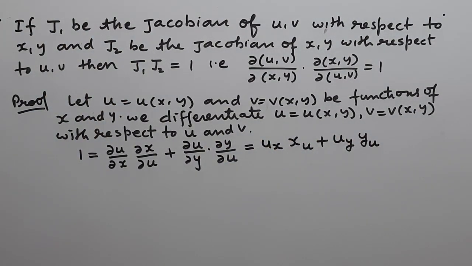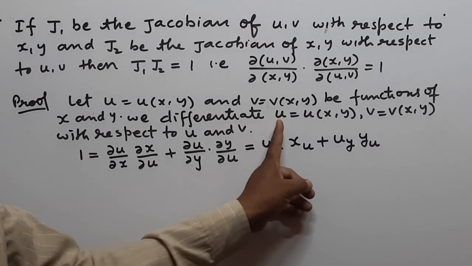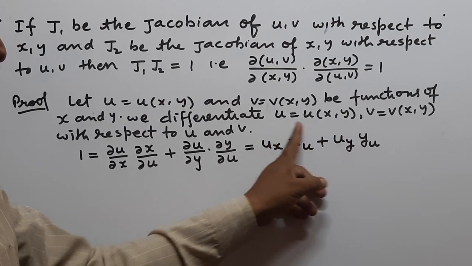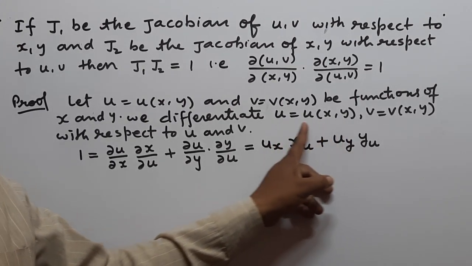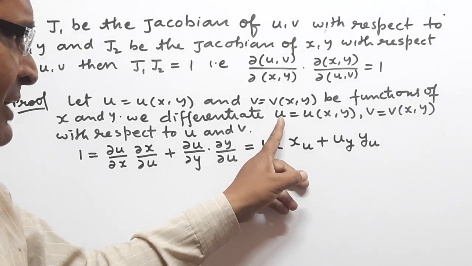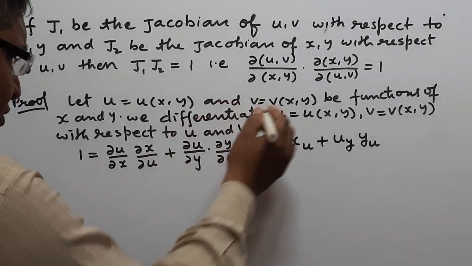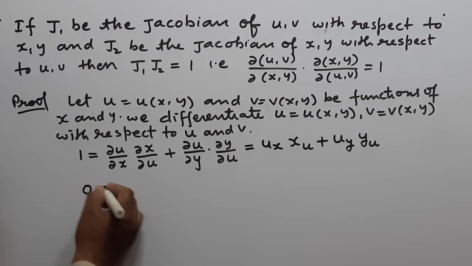Now we differentiate u is equal to u(x,y) partially with respect to v. When we differentiate u in the left hand side partially with respect to v, this is constant, so this becomes 0.